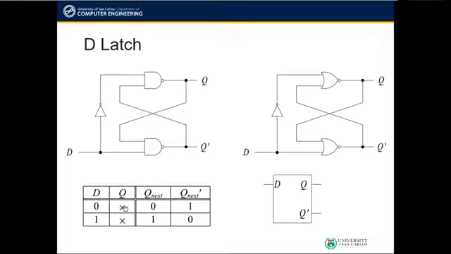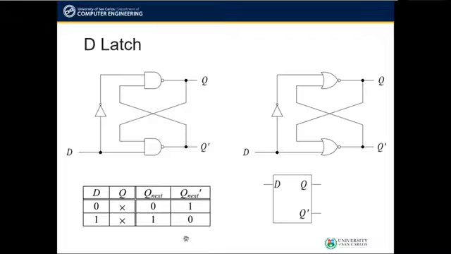If Q is 1, its next value will become 0. You will also see that when the input D is 1, the next value of Q is 1, regardless of its present value. So what that means is, when Q is 0 presently, its next value will become 1. If it is 1, its next value will remain 1.